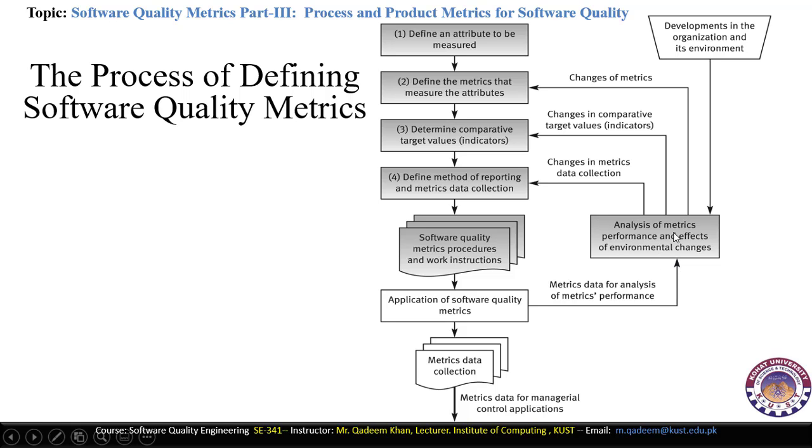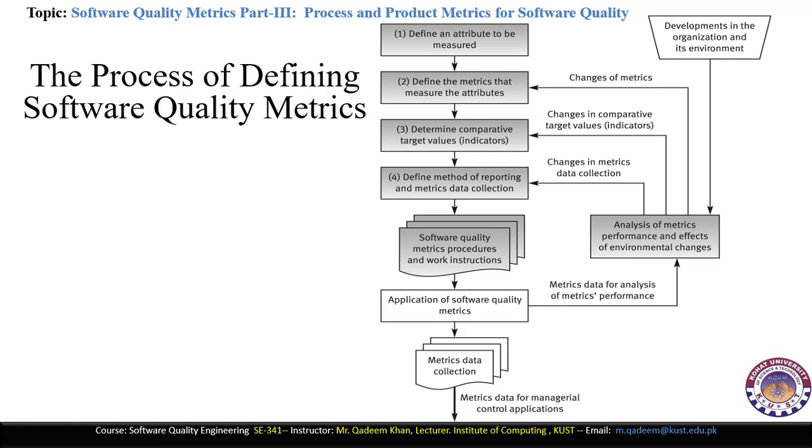So analysis of the metrics performance and effects of environmental change means that we will analyze the metrics and also their performance, and effects of environmental change means that when certain environmental changes occur in the organization, the environmental changes are not climatic changes.